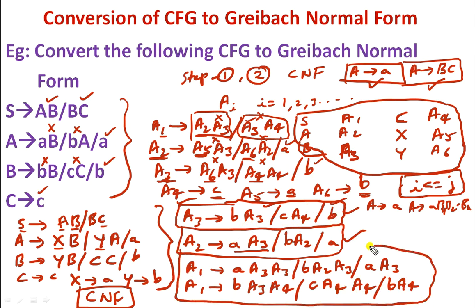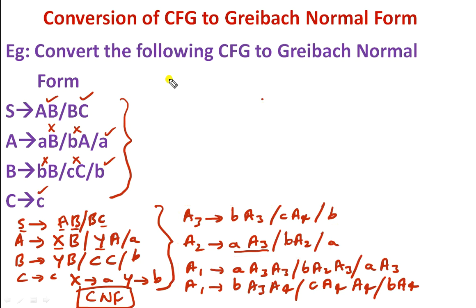Now we have derived all the production rules and converted them into Greibach normal form. So now let us derive the final production rules. Let me write the final production rules. A1 generates a A3 A4 A3 A3, or b A2 A3, or a A3.